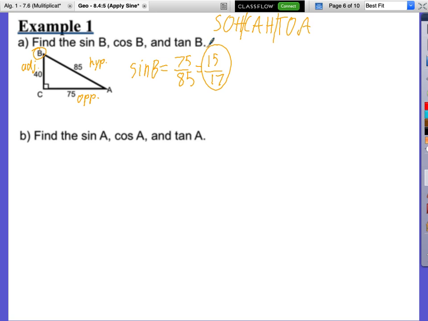So I want you guys to do cosine of angle B and tangent of angle B. And when you're done with those, raise your hand to have them checked. Or if you have questions, raise your hand to ask questions.